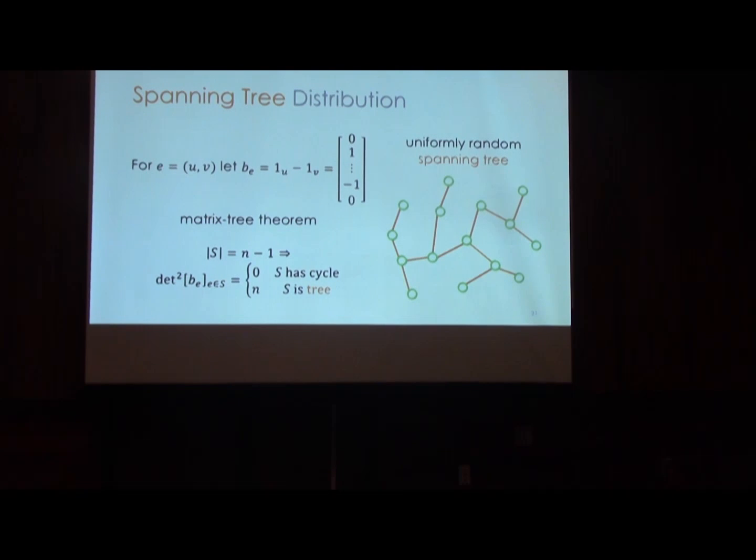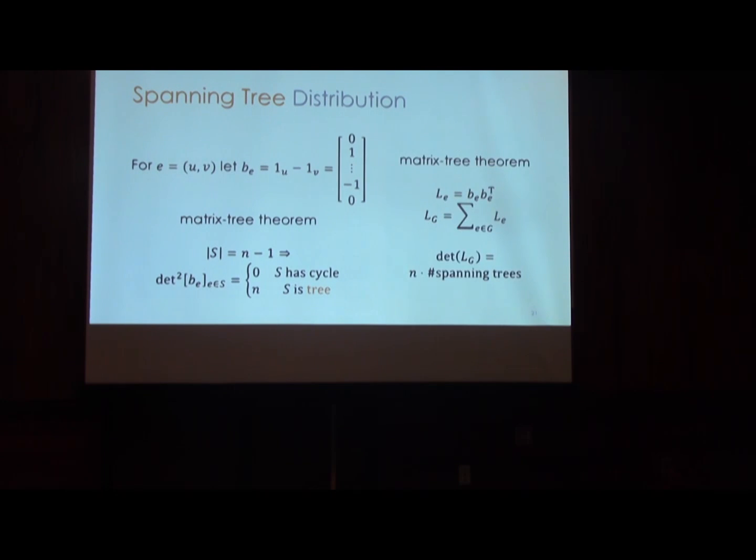So this in particular implies that the uniformly random spanning tree is a determinantal distribution and also a strongly Rayleigh distribution. So here's another way you might have seen the matrix tree theorem. So these vectors, if you take their v v transposes, these are the matrices that you have to plug into the previous determinant formula to get the generating polynomial.